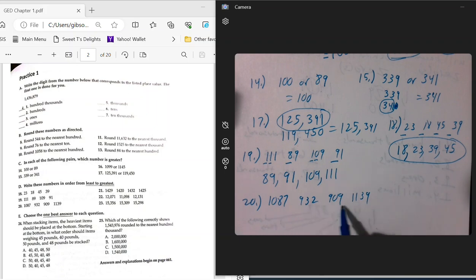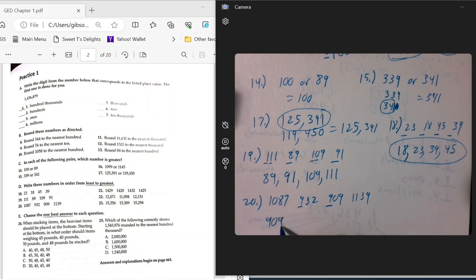So we look here at the 2 3-digit numbers. Both of them in the hundreds place have a 9, so we go to the tens place. We know 3 is larger than 0, and since we're going from least to greatest, the 909 will go first, then the 932.